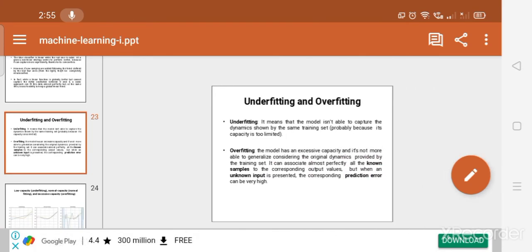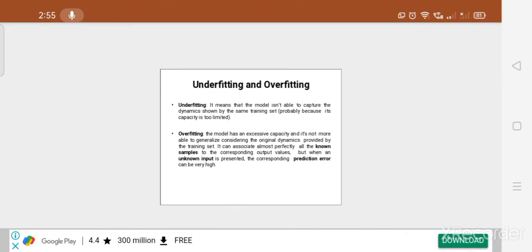The next concept is underfitting and overfitting. Now, what is underfitting and what is overfitting?